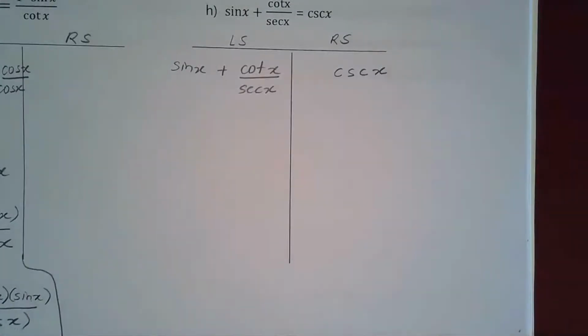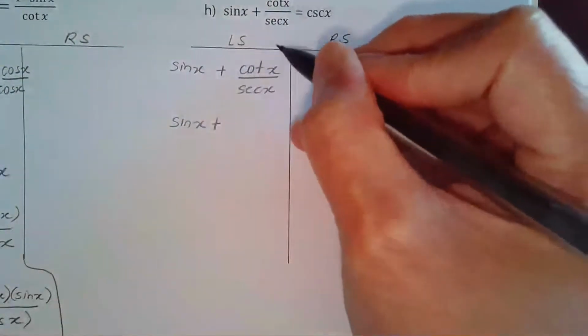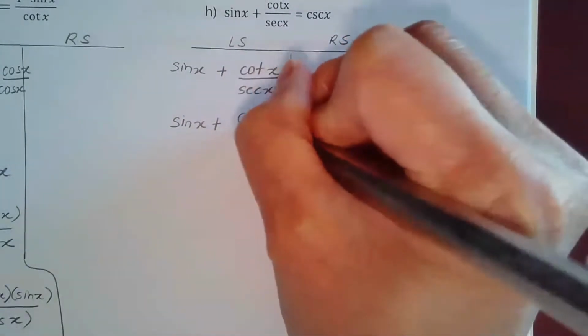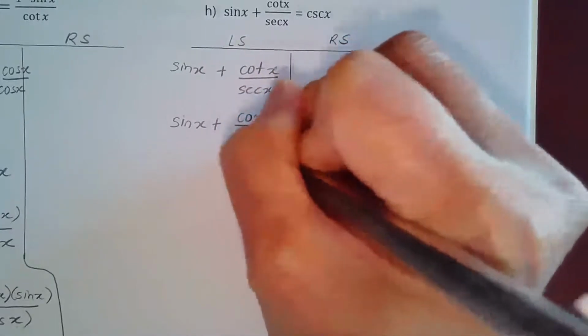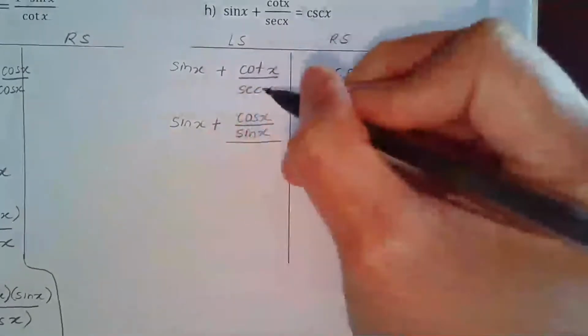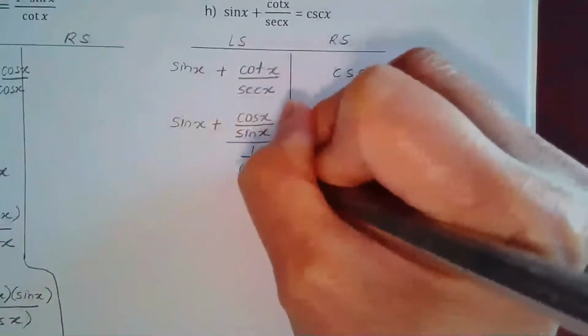So I start with the complex one. What can I do? I can go sine of x plus cotangent of x, which can be written as cos x divided by sine x, divided by secant, which we can write as 1 over cos.